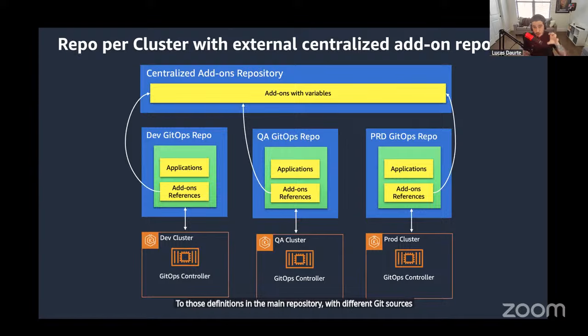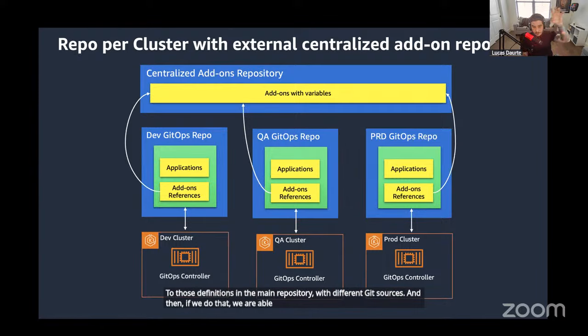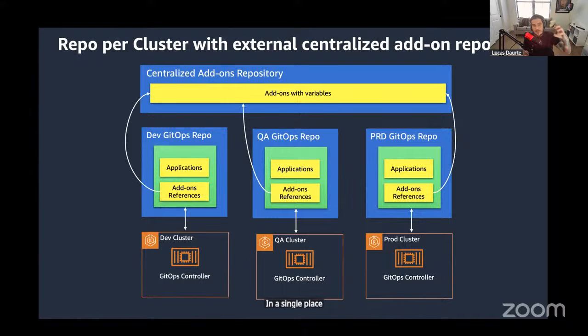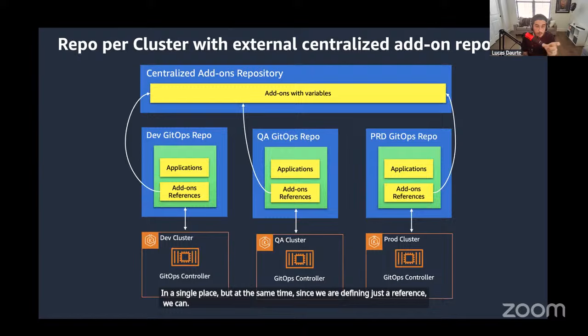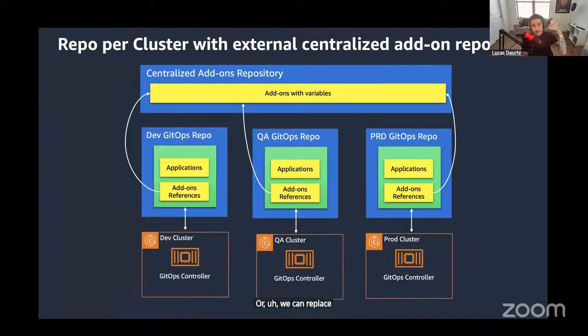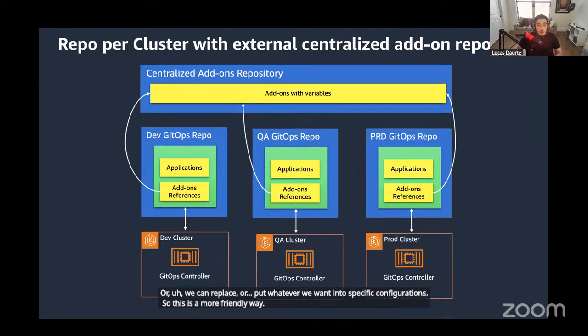If we do that, we are able to control the version rollout of those add-ons in a single place. But at the same time, since we are defining just a reference, we can replace or put whatever we want into specific configurations. So this is a friendlier way to overcome that challenge.